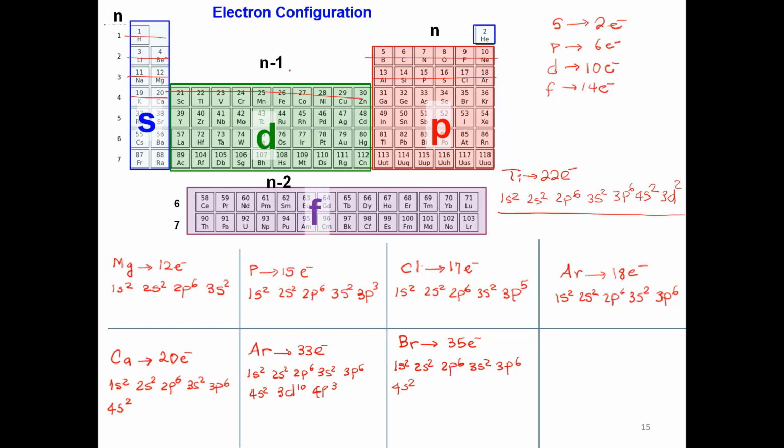It's not 4, it's 3d10. Now here we have 4p, 1, 2, 3, 4, 5. It's 4p5.